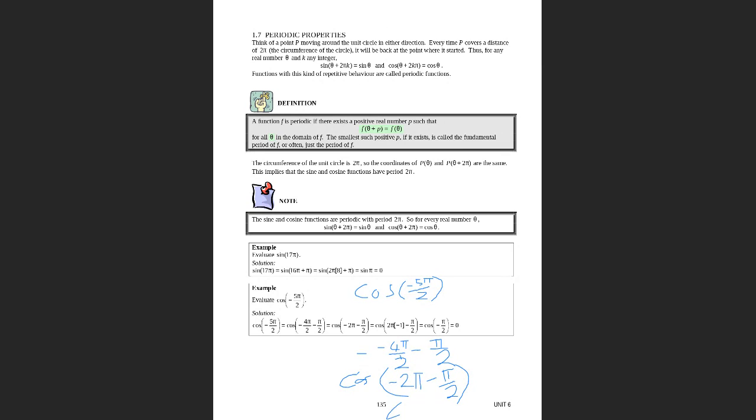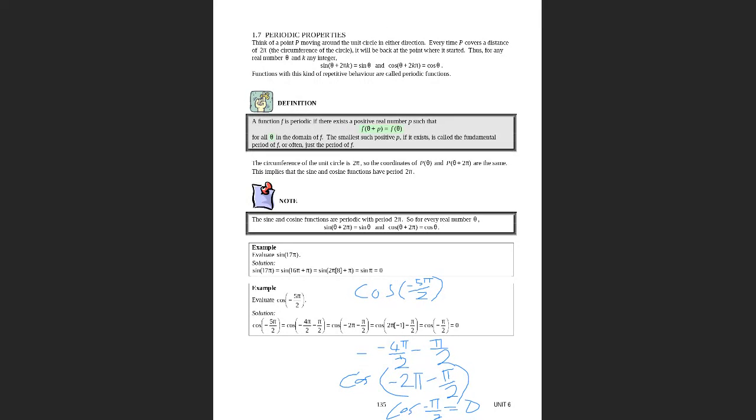I can see that this is the same as cos of minus pi over 2. And I can easily see that my answer is 0. Does it make sense to you? Yes, sir. Okay, good.